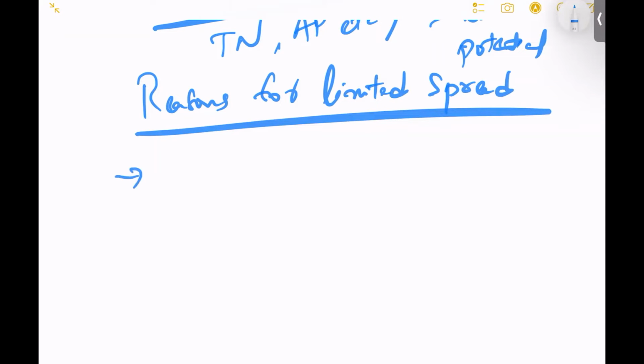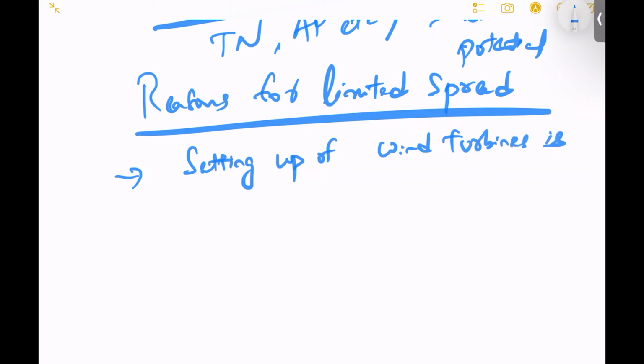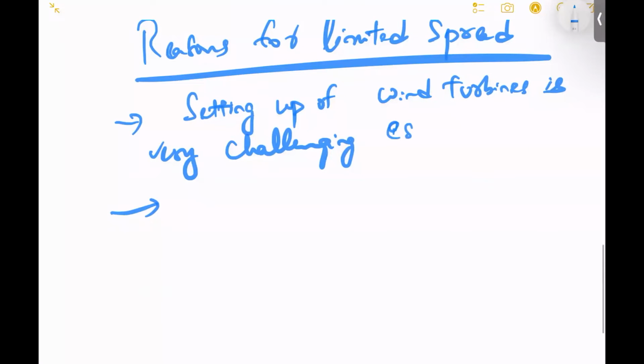Basically, the setting up of wind turbines is very challenging, okay, especially in mountain or hilly terrains.